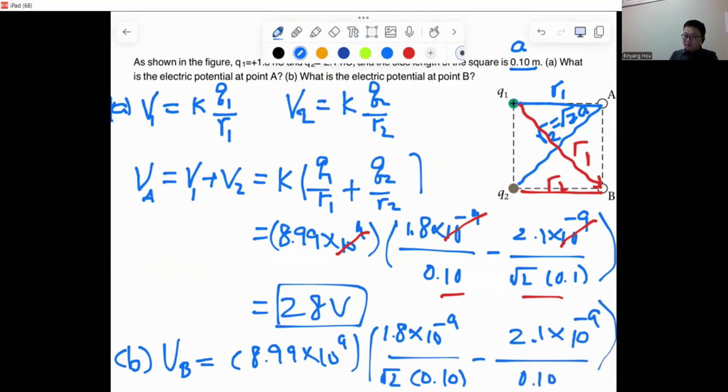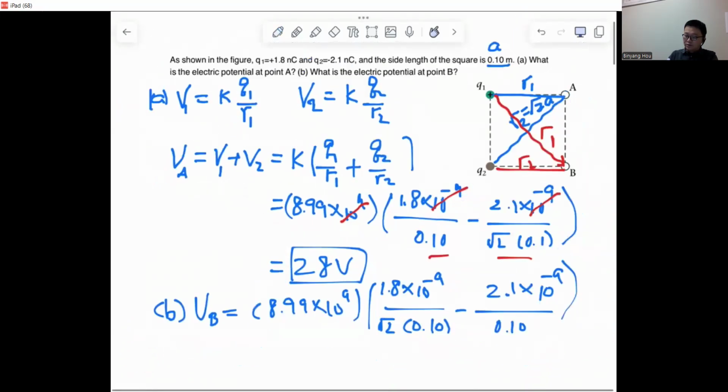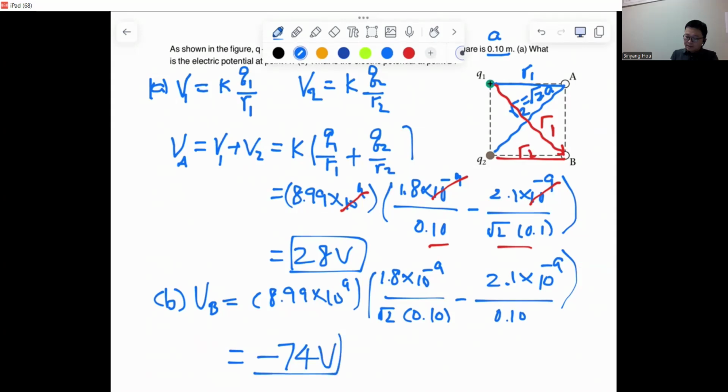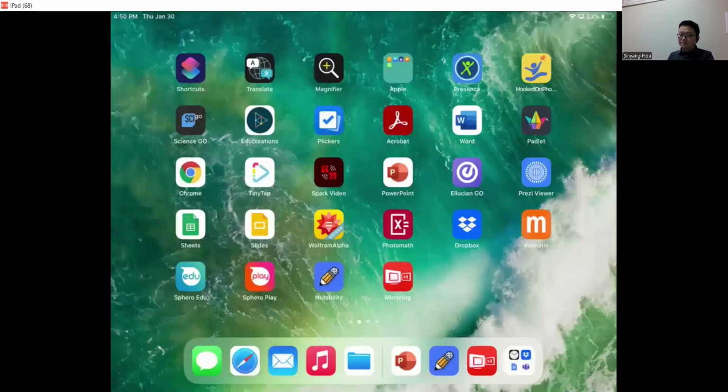So there you'll find your potential. That gives you actually negative 74 volts. Slightly different. All right, so we'll go back to the slide.